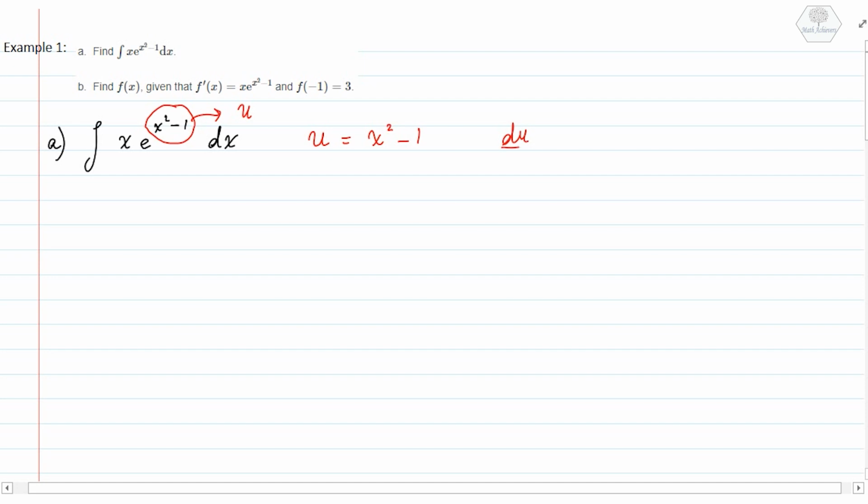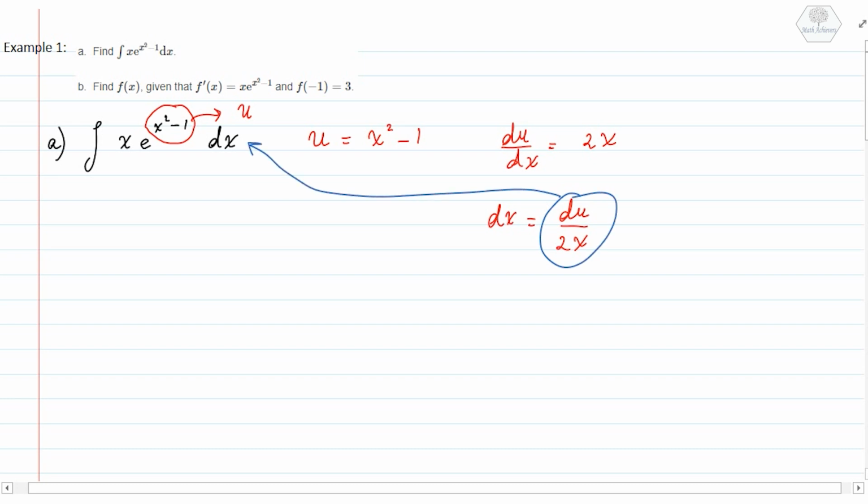So we'll have du over dx is equal to 2x, ending with dx is equal to du over 2x. Now I substitute my values. So I take the du over 2x and substitute it instead of the dx, and the u instead of the x squared minus 1.